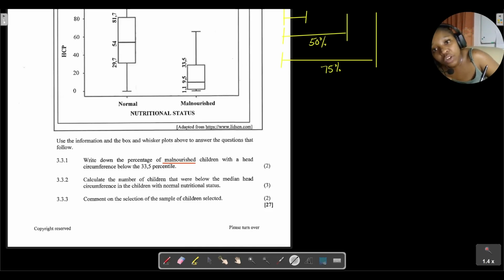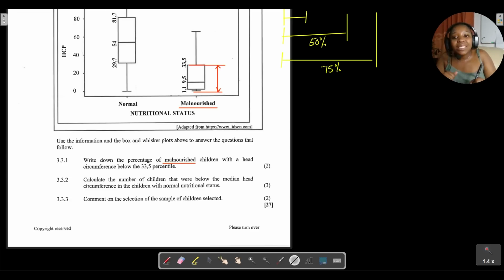So we're going to basically look at the malnourished children. Then when you look at the 33.5 percentile, what do we know by that? We know that from the minimum value going all the way to Q3, how much is being represented in this region?